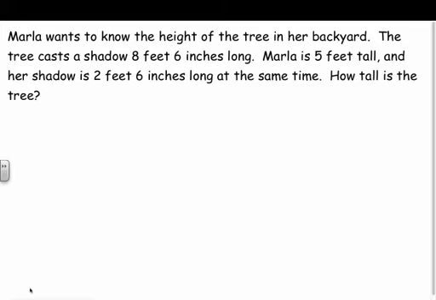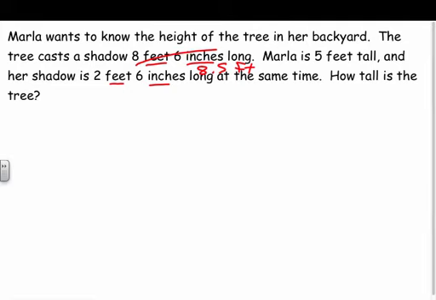But before I even do that, one thing you want to get used to is anytime you see different units in the same story problem, a good idea is to change them all to one type of unit. So for example, this first one, instead of saying 8 feet 6 inches, I could simply say 8.5 feet because it's 8 and 6/12, and 6/12 simplifies to 0.5.